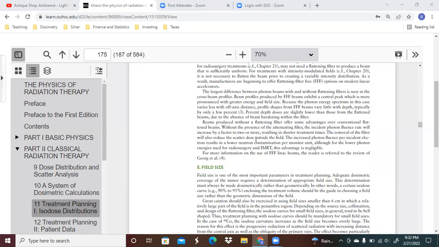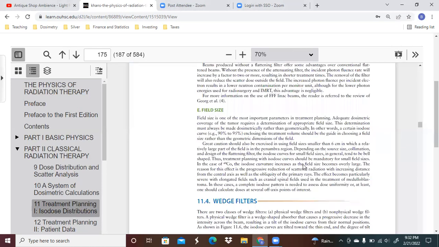So that's why it's saying a factor of 2 or more. The increased photon fluence per incident electron results in a lower neutron contamination per monitor unit, although for the lower photon energies used for radiosurgery and IMRT, this advantage is negligible.